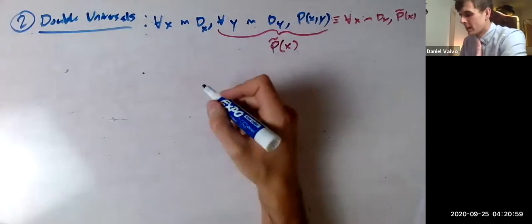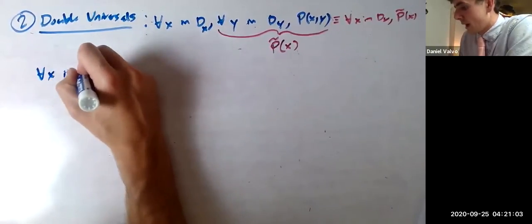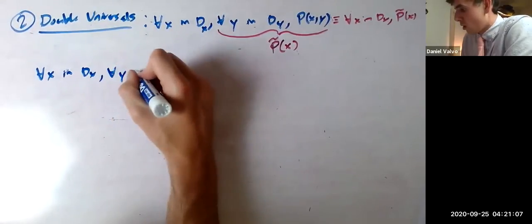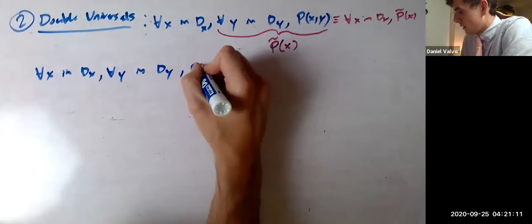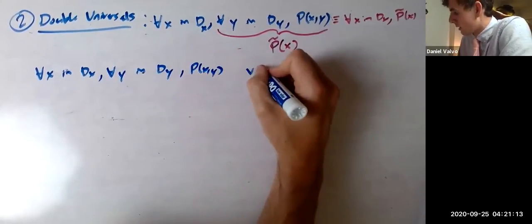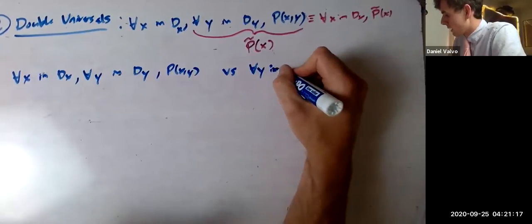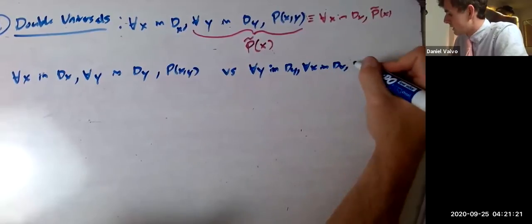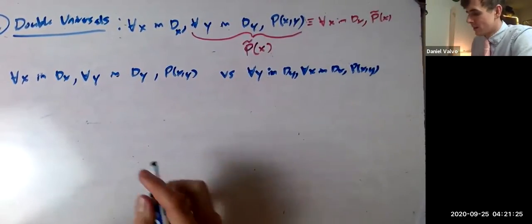So what I mean by this is: for all x in D_x, for all y in D_y, P of x, y, versus for all y in D_y and for all x in D_x, P of x, y.